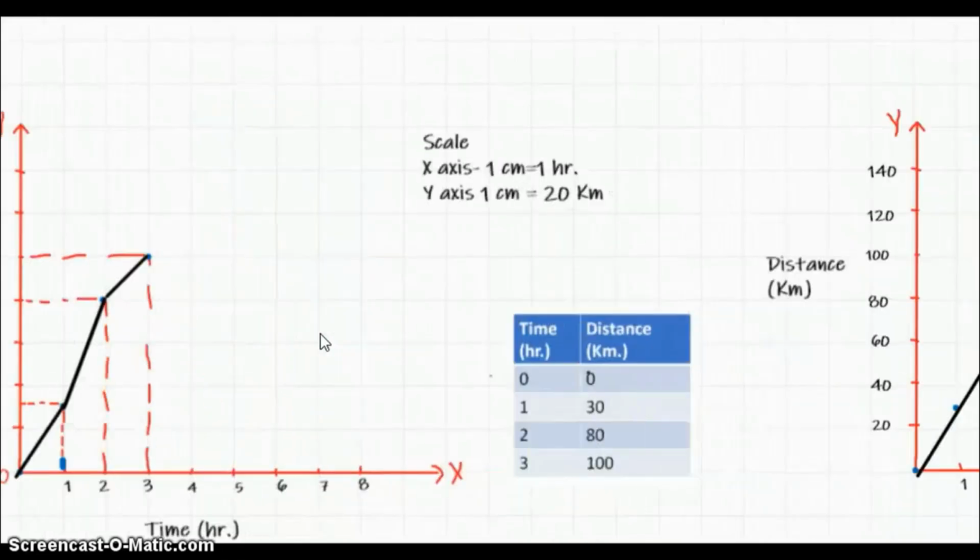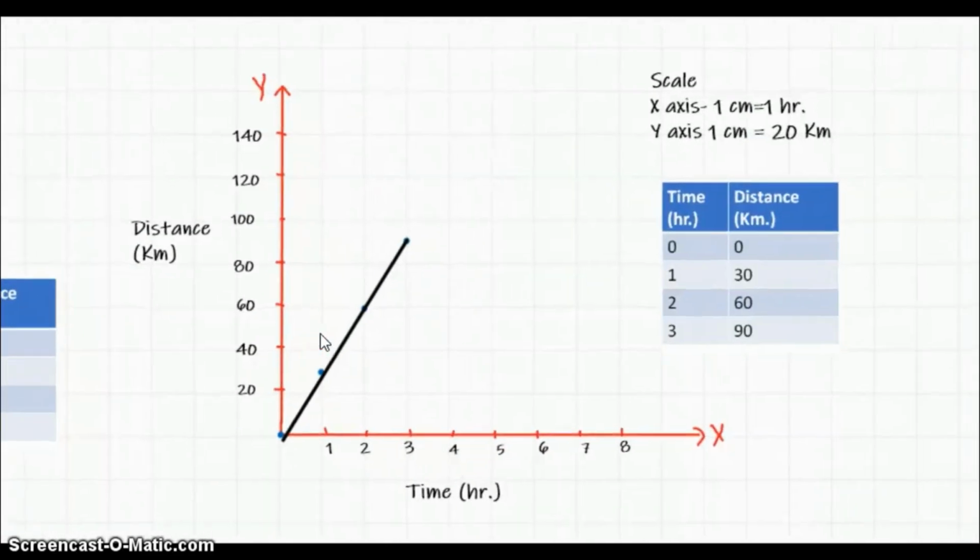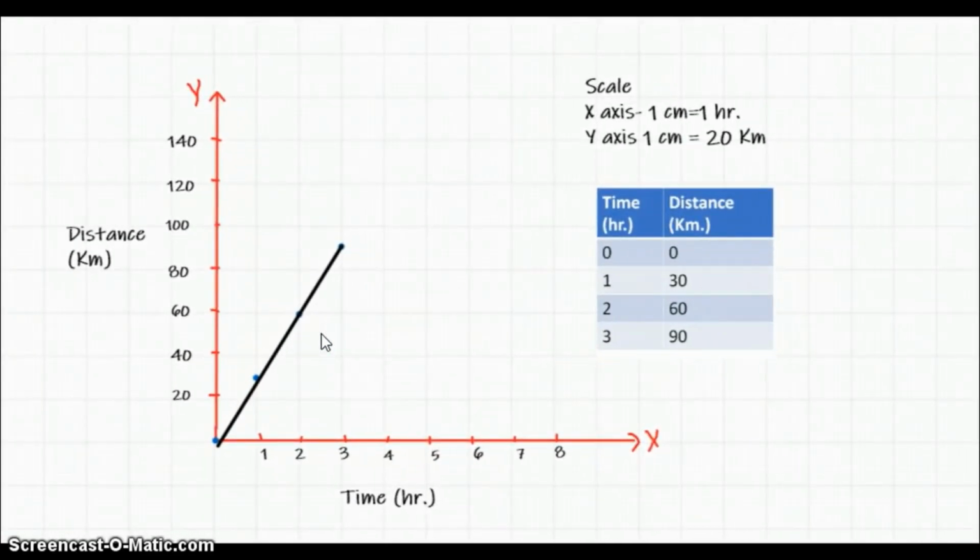Now the second graph which we saw was this one, in which the distance time graph was a straight line. That means the vehicle was moving at a uniform speed. So this is an example of uniform motion.